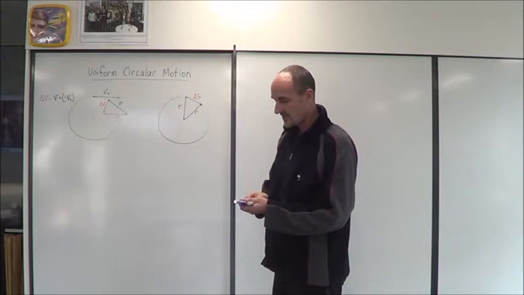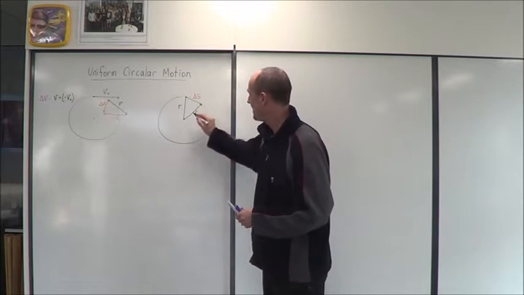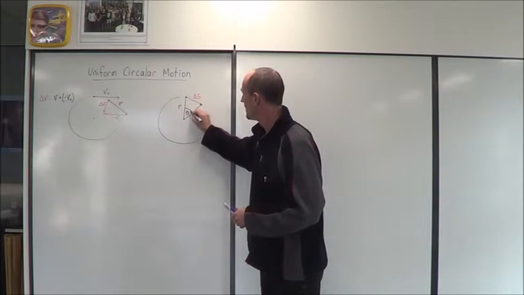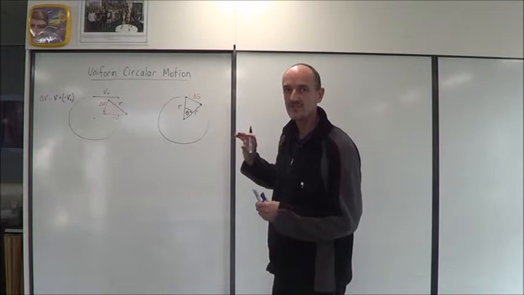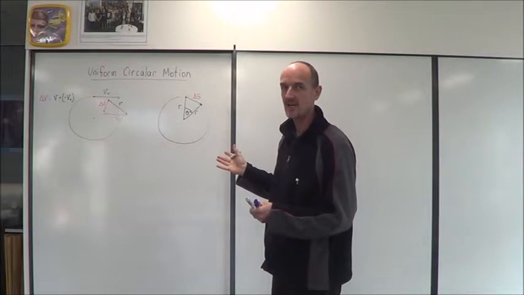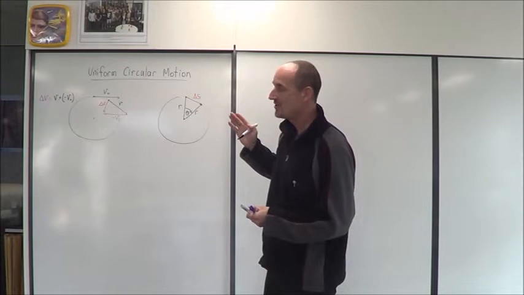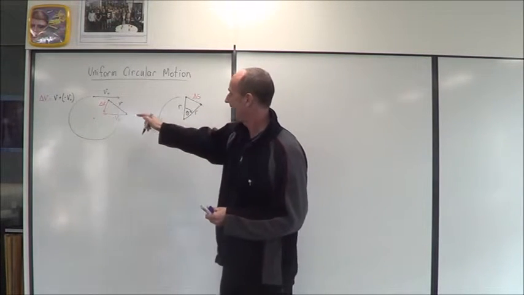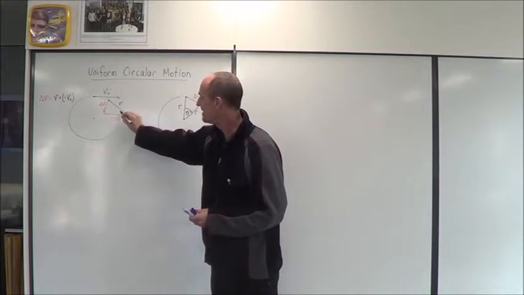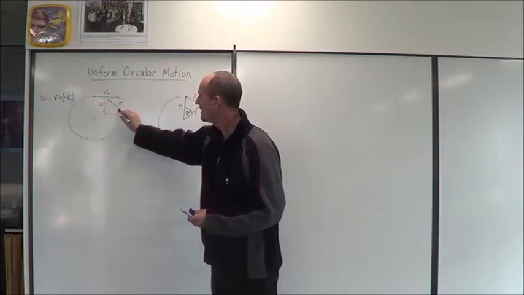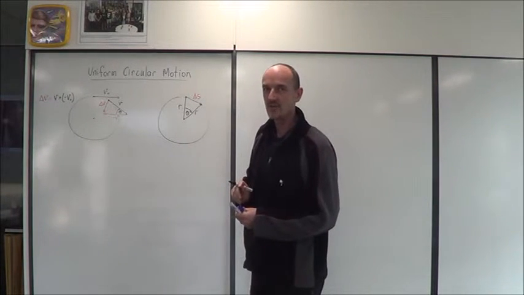So we need to realise that as that happens there is an angle theta traced out by that path, and you can hopefully see that the angle in here is also going to be that angle theta.